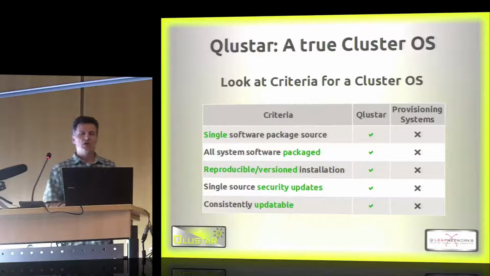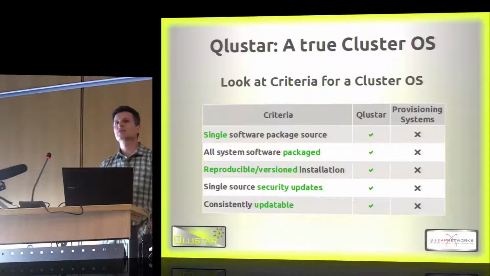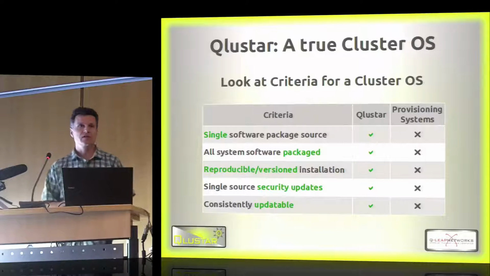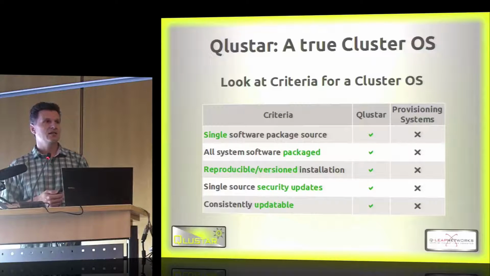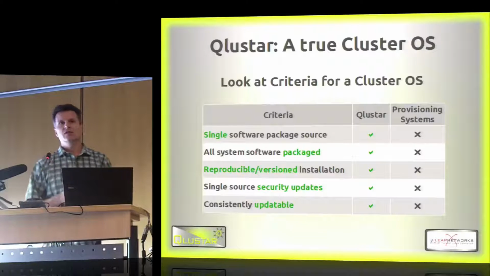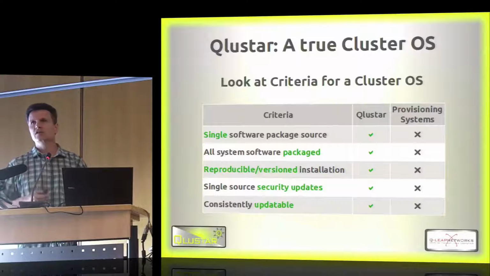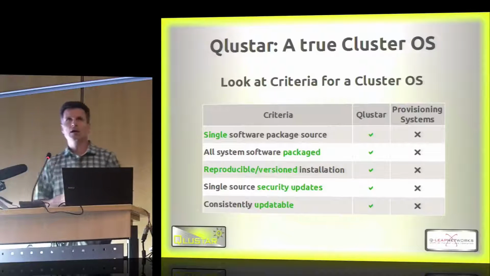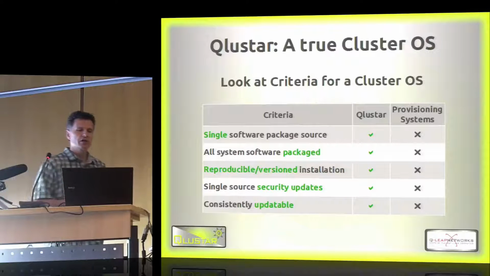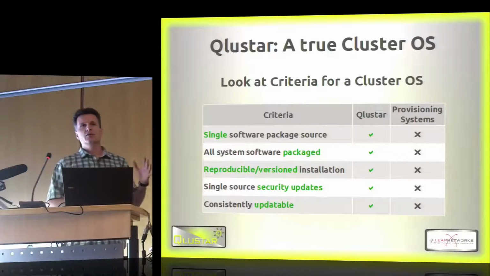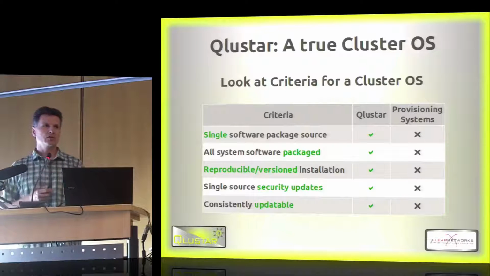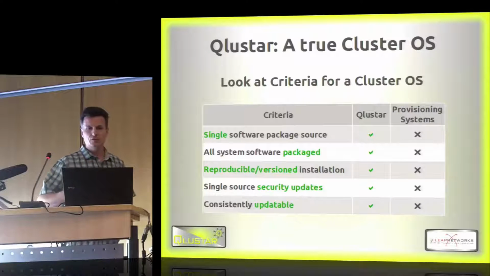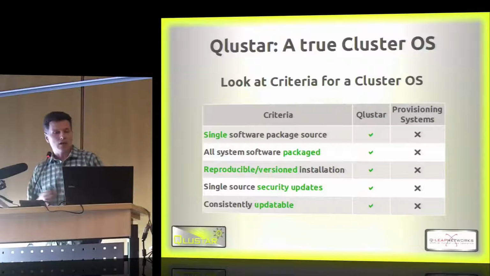That's true mostly as well for most provisioning systems, but an important component of those systems is actually not packaged, and that's the operating system images that are transferred to the compute and storage nodes and actually run on the compute nodes, because they are typically just created on the fly, system images really, whereas in our case the images are composed of image modules which are completely packaged again, and so it's a completely reproducible, consistent software source for your images. So it's all completely packaged.